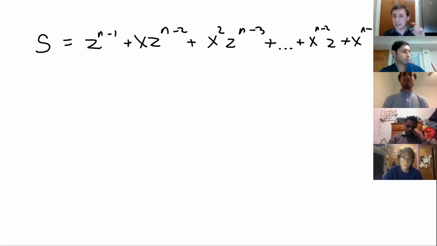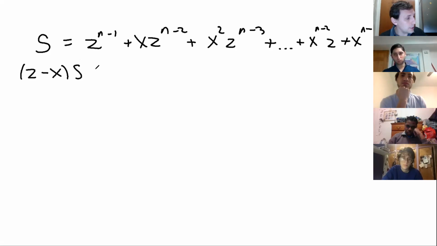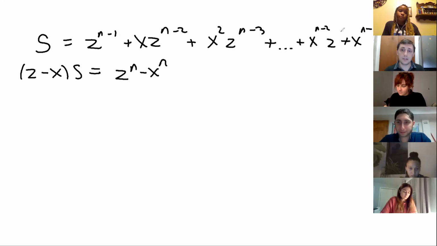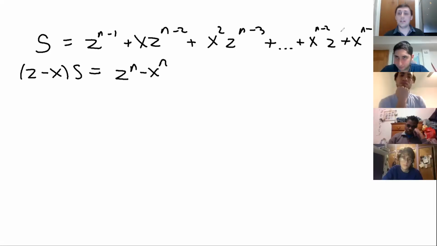I wrote a lot of terms in hope that that somehow will catch your attention. So I'm going to show that Z minus X multiplied by S will indeed be Z to the n minus X to the n, thereby confirming that I noticed the right pattern. Yes? Now let's begin doing it.